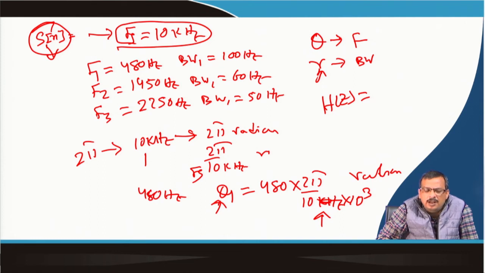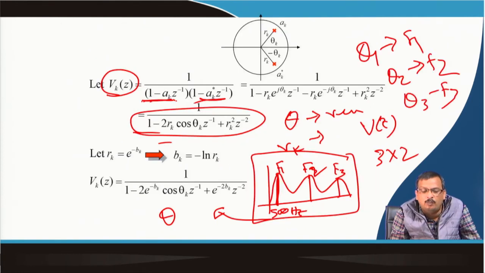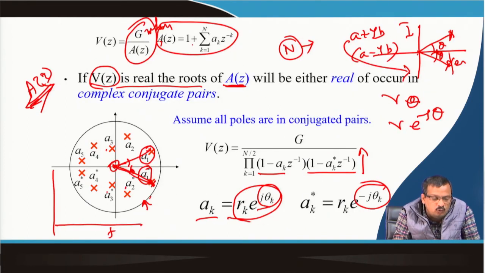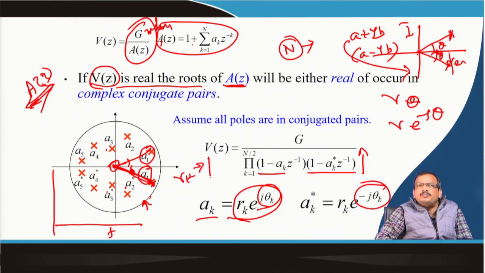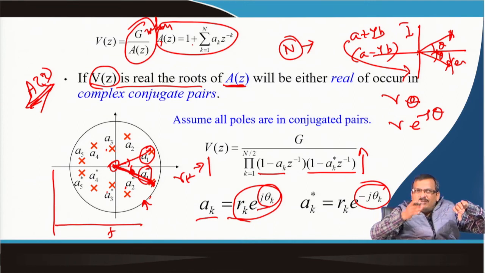Now, if I have a pole position like this, which resonance frequency will be prominent? The prominent resonance frequency is when the Rk value tends to 1, because oscillation will be sustained unless it dies down.